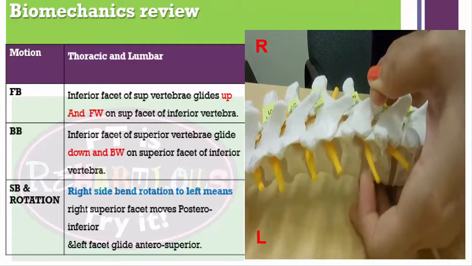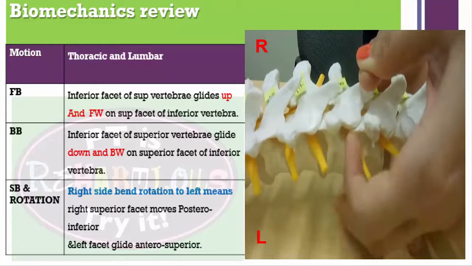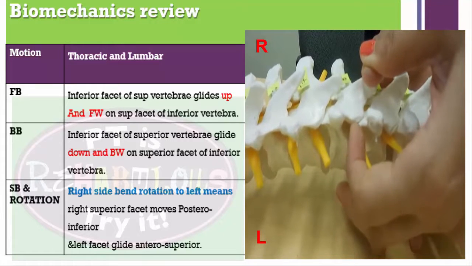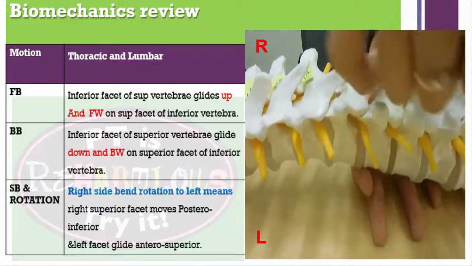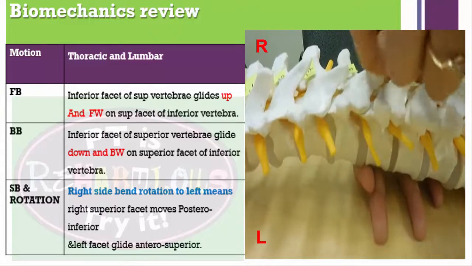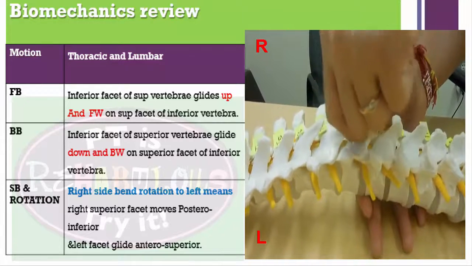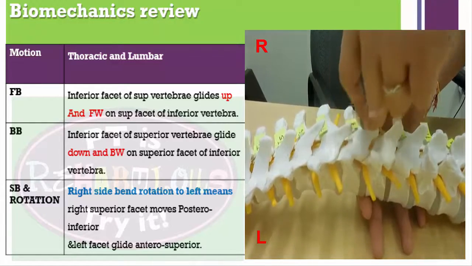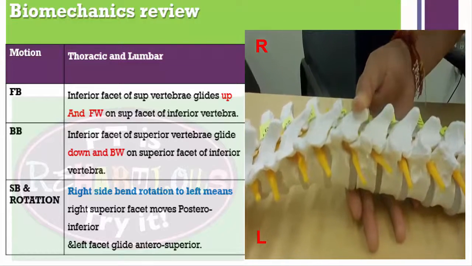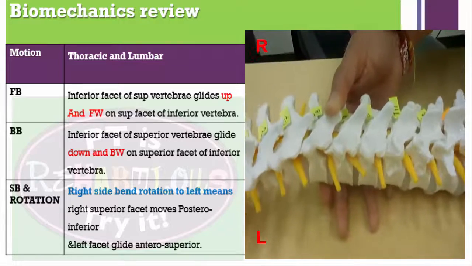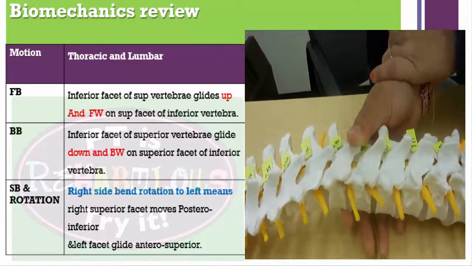You can notice that the inferior facet of the superior vertebra is coming back and down, or postero-inferiorly, gliding inferiorly and posteriorly on the superior facet of the inferior vertebra. Okay, so this is clear with the biomechanics on the spine model.